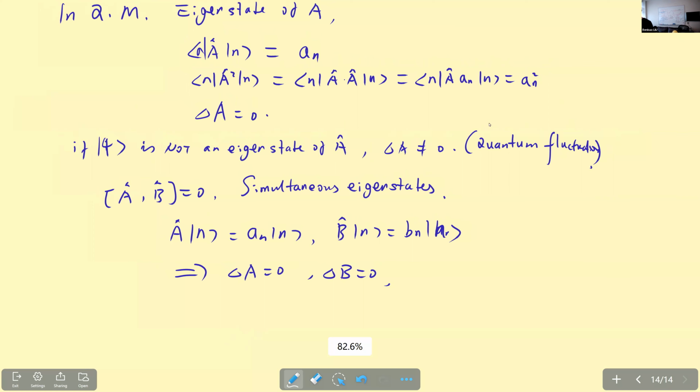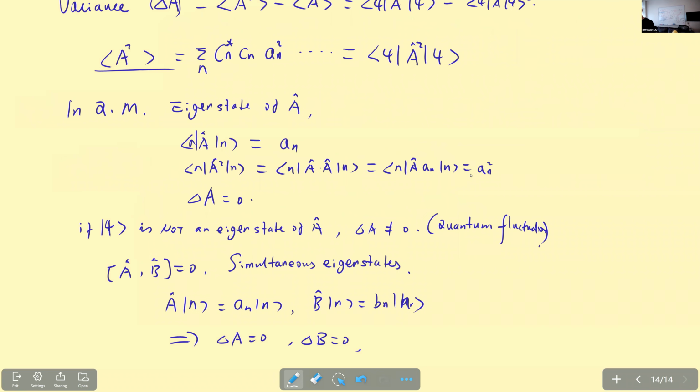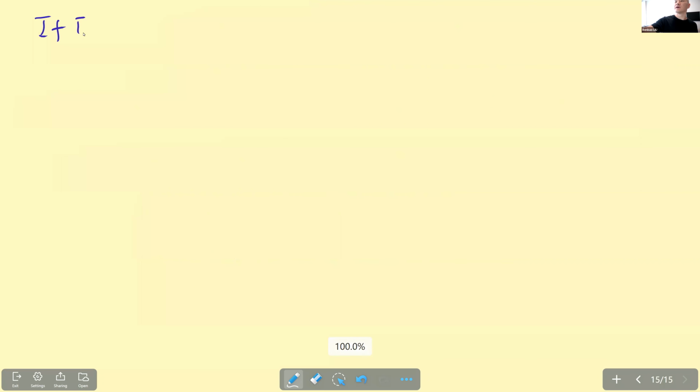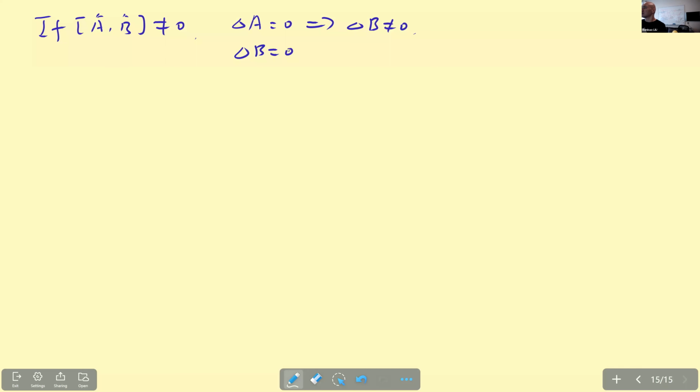But if A and B do not commute, in general you can say that this one equals 0, and then probably this one is not 0, or this one equals 0. That means the eigenstate of A, but it's not the eigenstate of B. If the eigenstate of B is not an eigenstate of A, right?